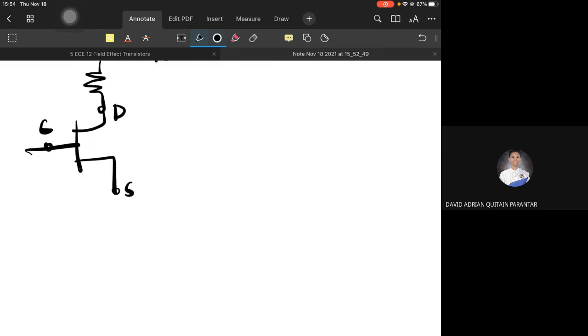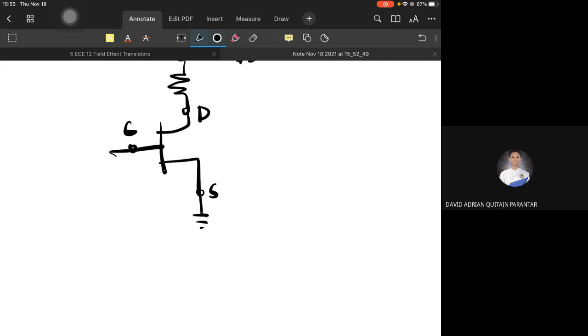In the same way that the emitter in the fixed bias BJT is connected to ground, the source is directly connected to the ground. Likewise, the gate is connected to a resistor that we call RG.